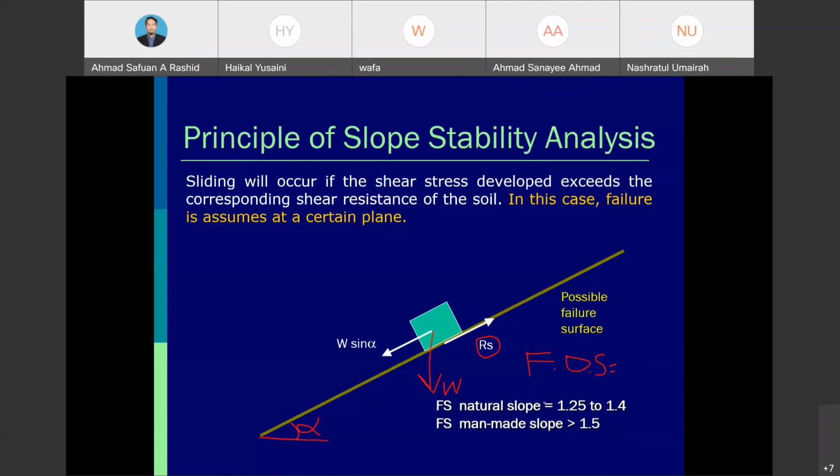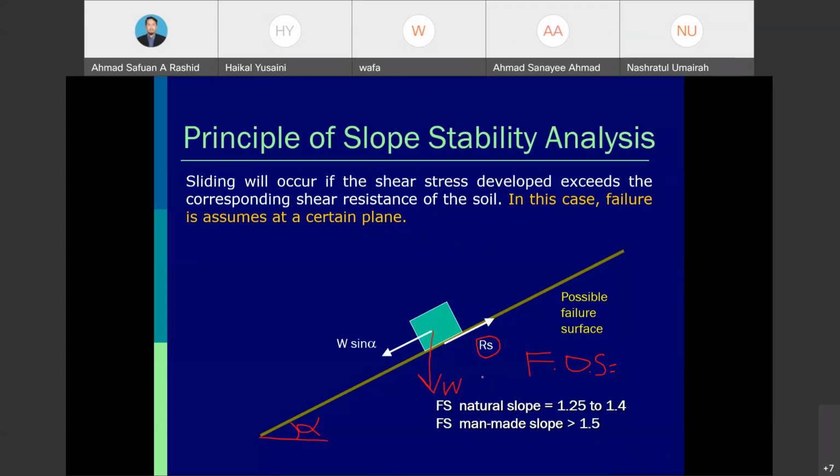For the natural slope, the factor of safety should be equal or greater than 1.25 to 1.4. Meaning that when we carry out the analysis, we need to make sure that the factor of safety is greater than 1.25, or should go for 1.4.